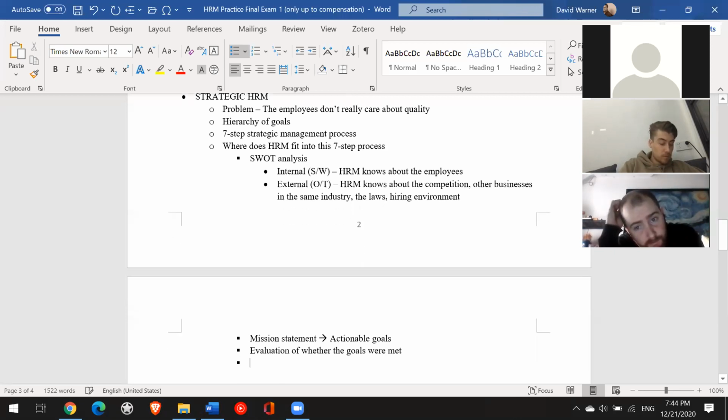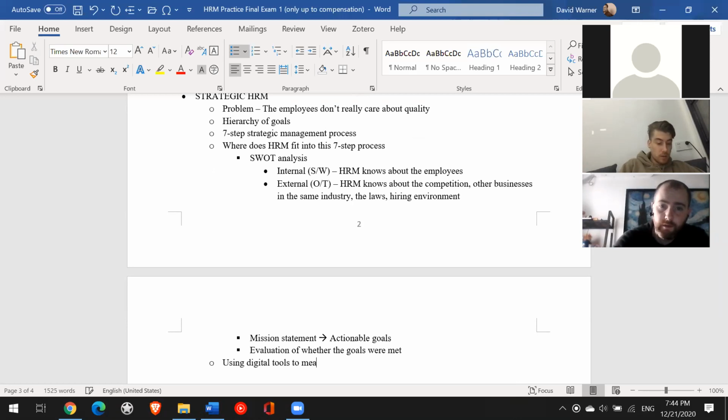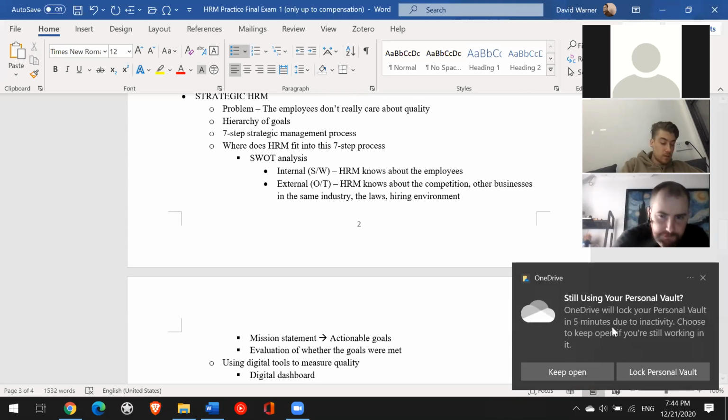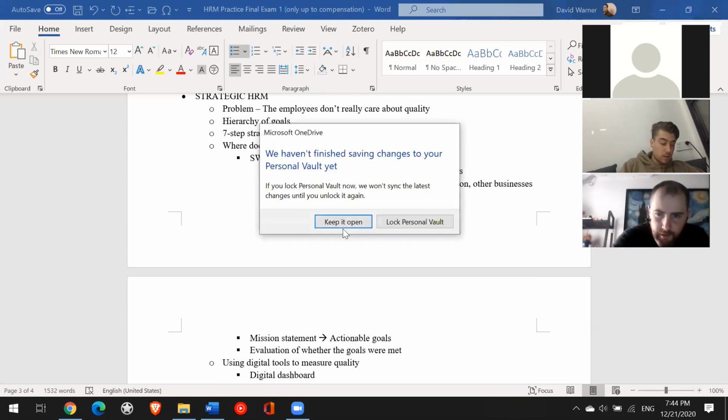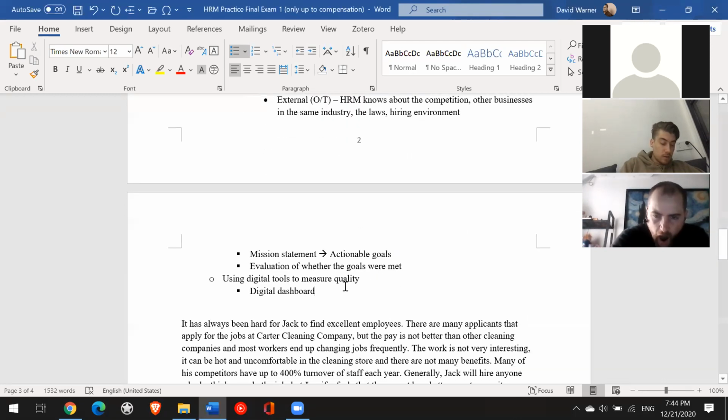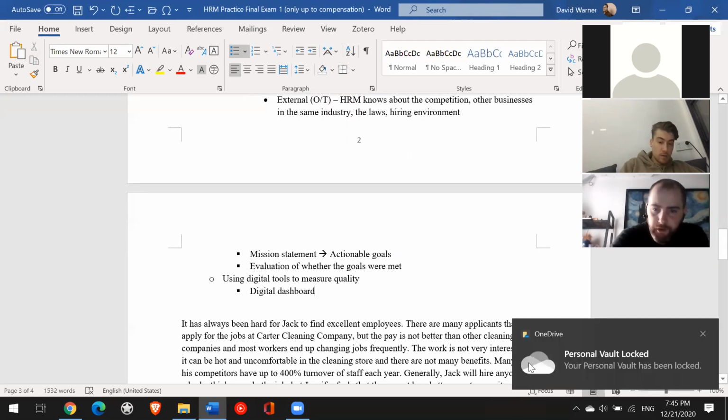And probably I would say HRM also fits into things like using digital tools to measure quality. And of the digital tools that we've talked about in this class, there are things like the digital dashboard, and, well, thank you.